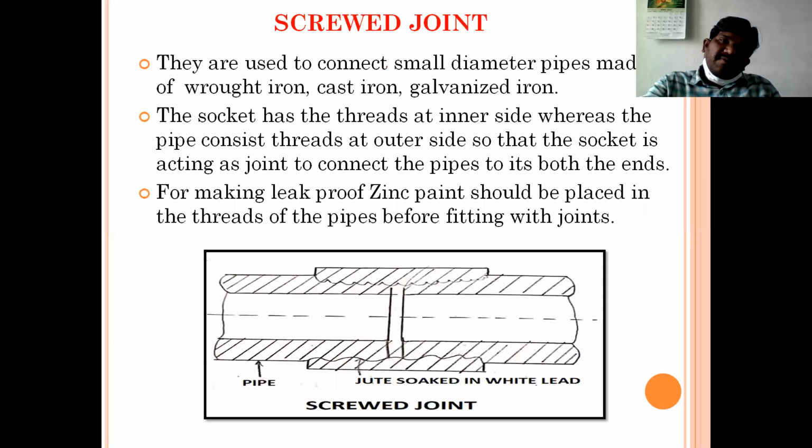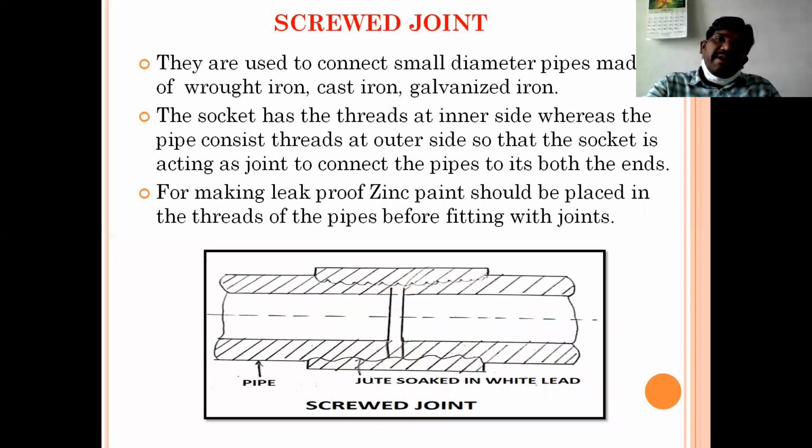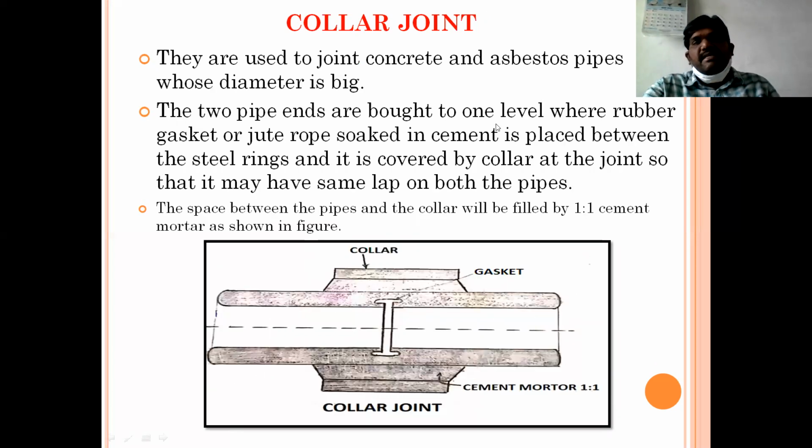In the previous cases, spigot joints are used to connect cast iron pipes, whereas screw joints are used to connect wrought iron, cast iron, galvanized iron. Here we use these joints for jointing concrete and asbestos pipes whose diameter is big.